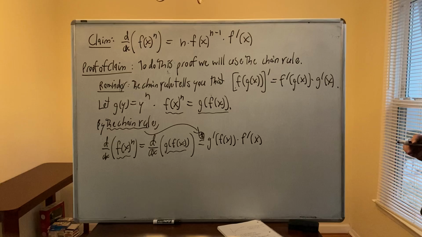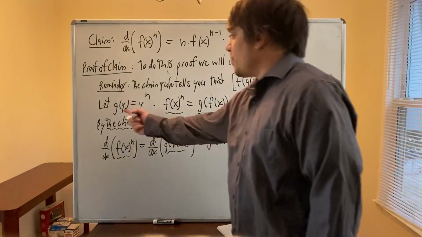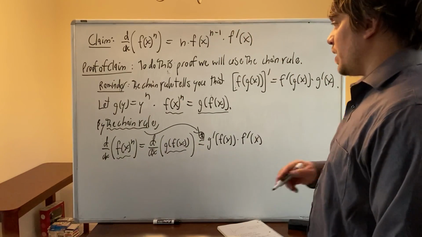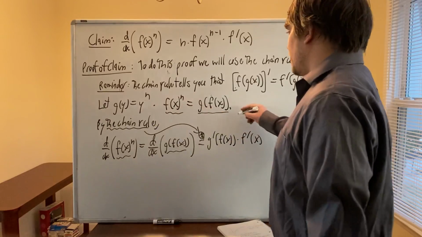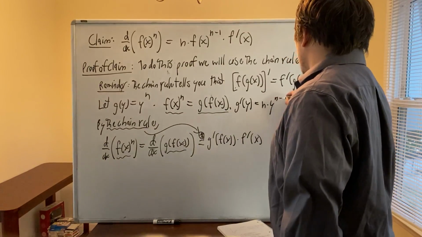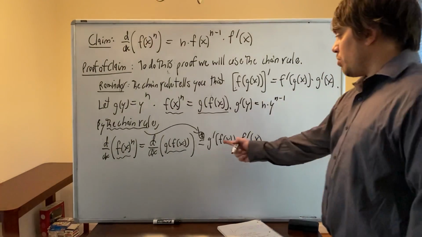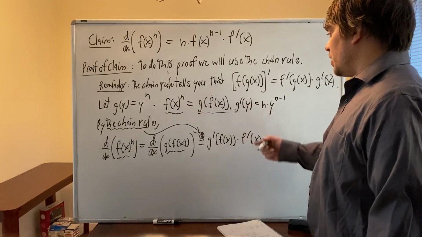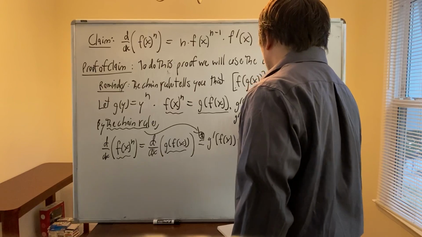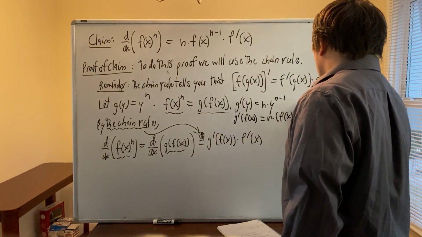Well, now g prime of f of x. G prime of y is equal to n times y to the n minus 1 by the power rule. So g prime of f of x, here the input is f of x. So that means that g prime of f of x is n times f of x to the n minus first power, right?